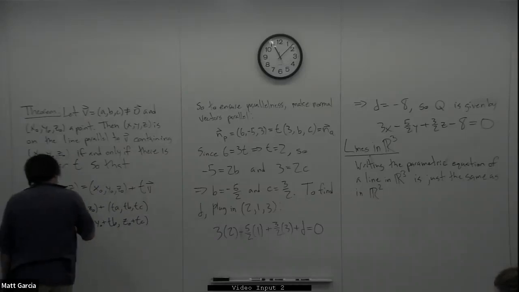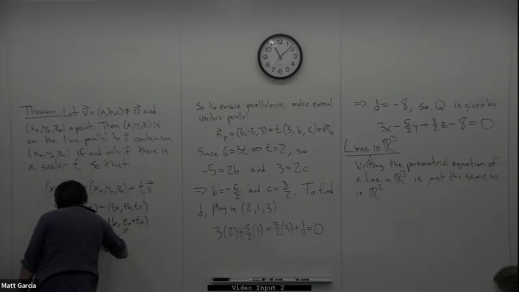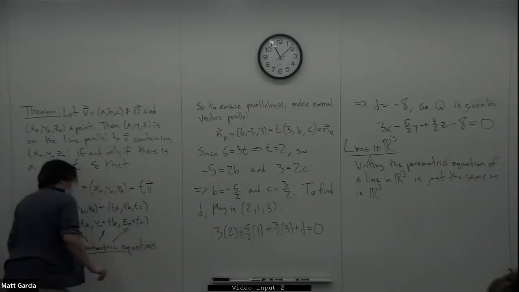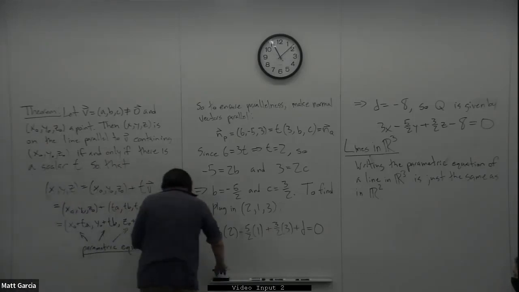Again, the components here are the parametric equations. This is just a piece of terminology, like before. The vector equation of a line and the parametric equations are the components of the vector equation. Same scenario here. Okay.